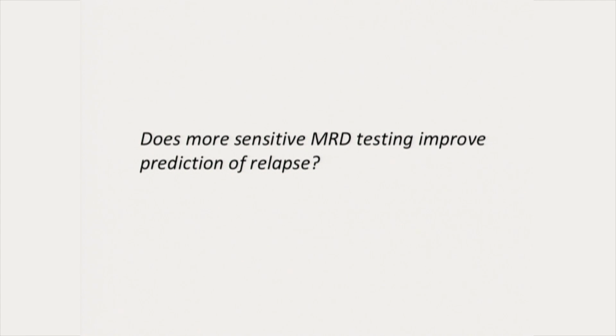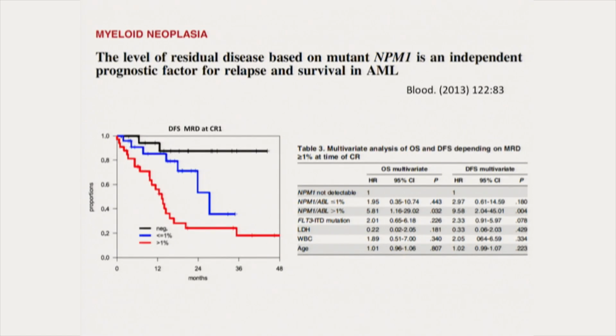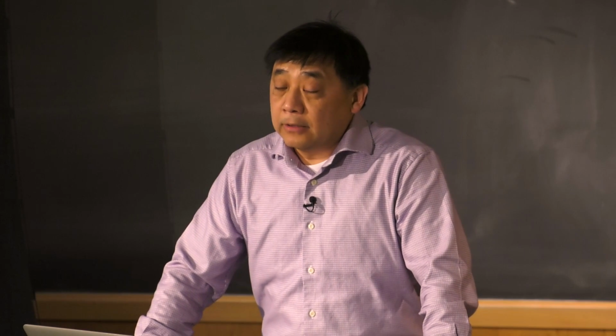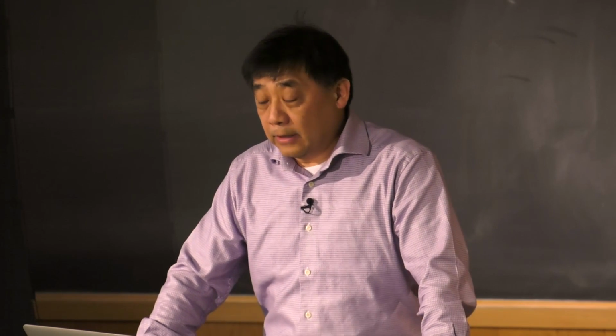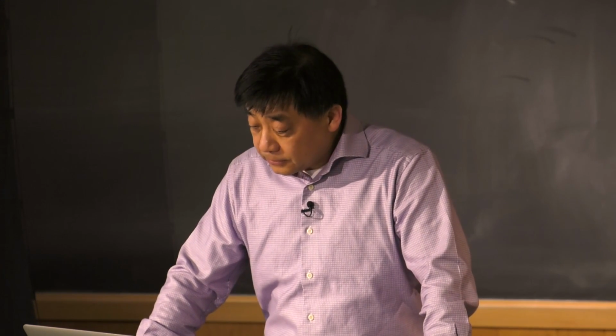So the question is, will more sensitive MRD testing improve the prediction? The best studies out there are on the use of RT-qPCR, which can provide analytical sensitivity down to 1 per million cells, or 10 to the minus 6, which is 10 to 100-fold more sensitive than the best flow cytometry detection.